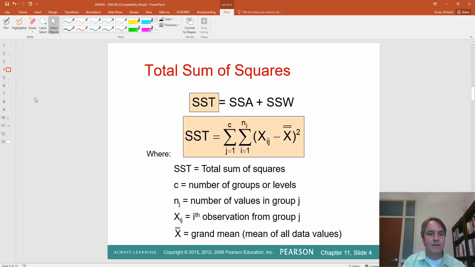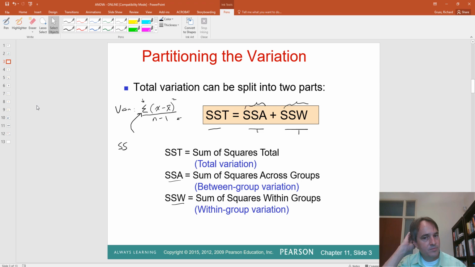We're not going to use the total sum of squares because we're interested in the size of this versus this. We don't really need to calculate this. We know that these are going to add up to this, but to save a little bit of time, I'm just going to calculate the sum of squares across the groups versus the sum of squares within the groups. But I'll show you what the total sum of squares refers to.